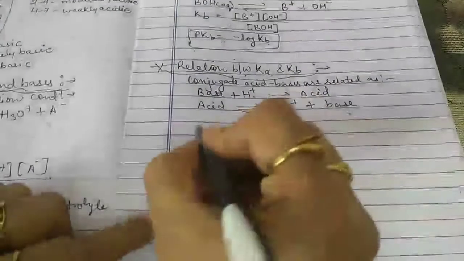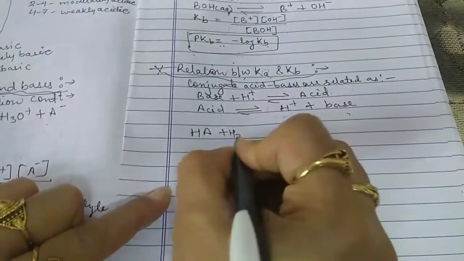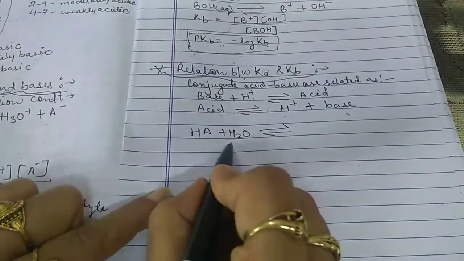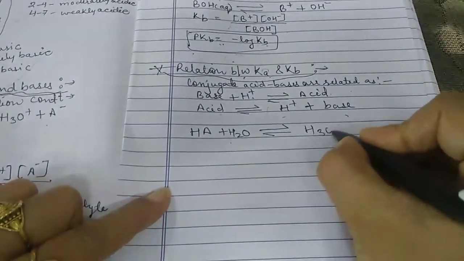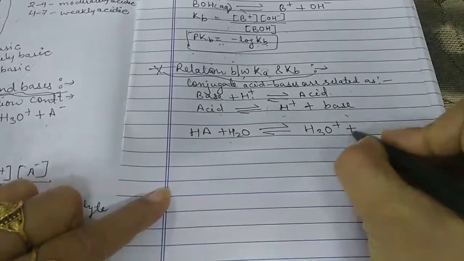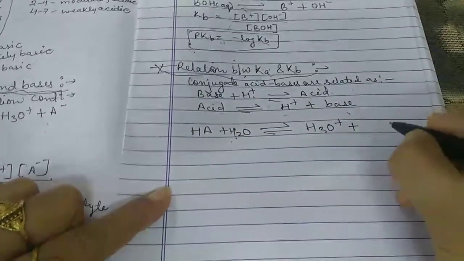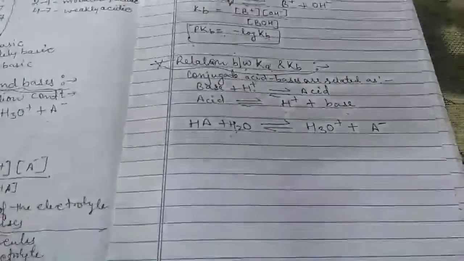So let us consider a reaction, HA plus H2O. Here HA is the acid, H2O is the base. So we get the hydronium ion, H3O plus, and A negative.